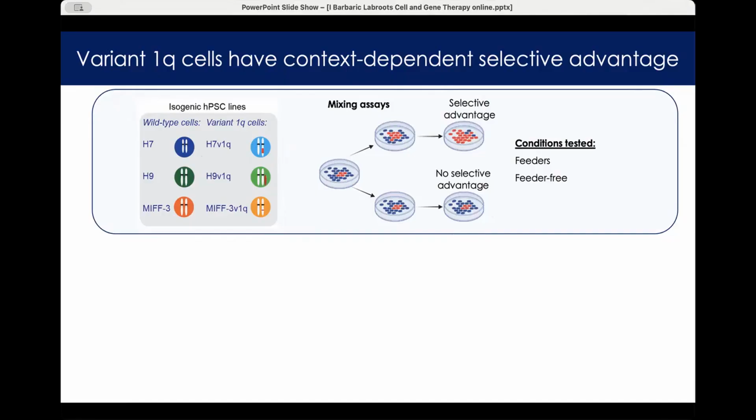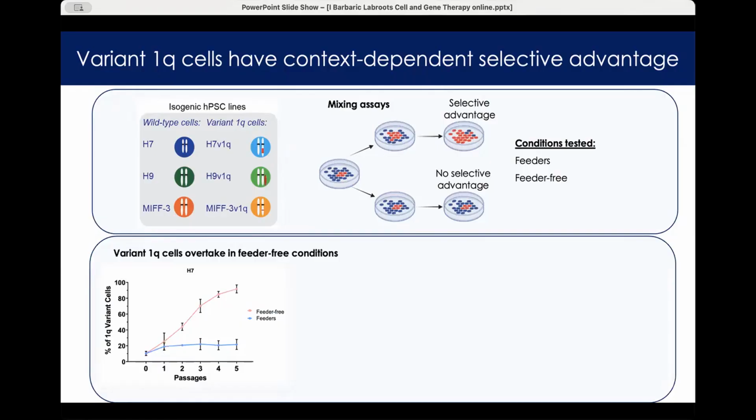And the conditions that we tested for this were growing these mixed cultures either on feeders or feeder-free. Strikingly, and entirely in line with our hypothesis, we found that 1q cells, in fact, won and dominated the cultures, but only when they were grown feeder-free.